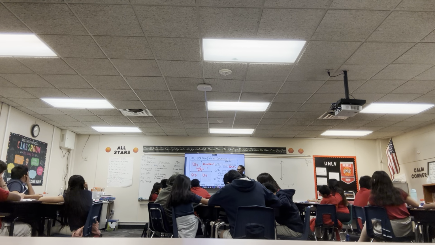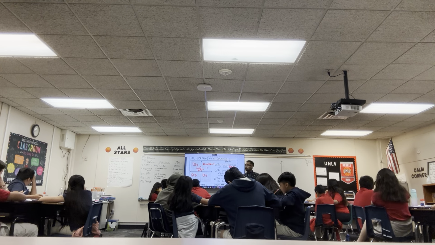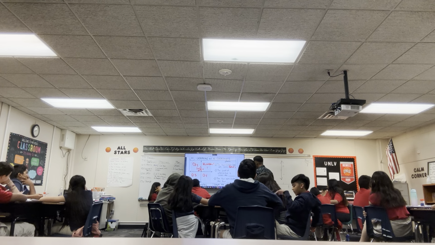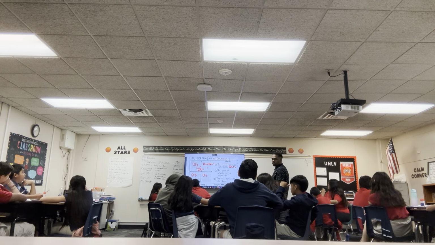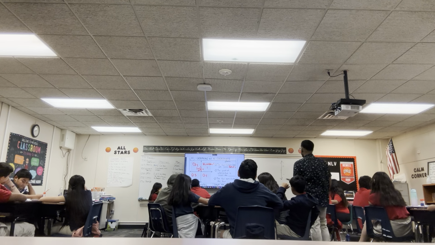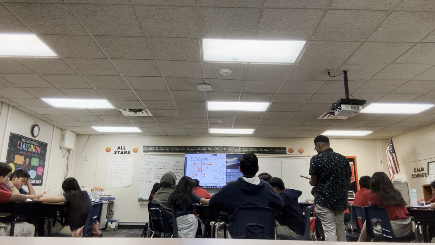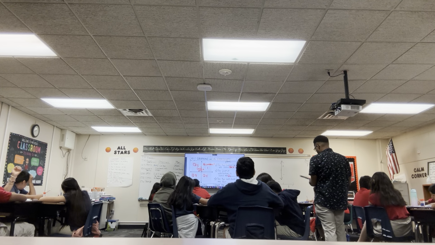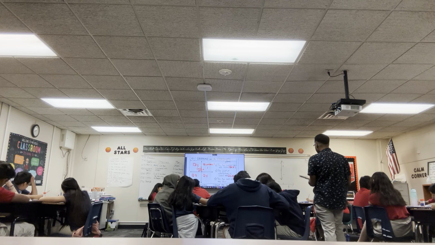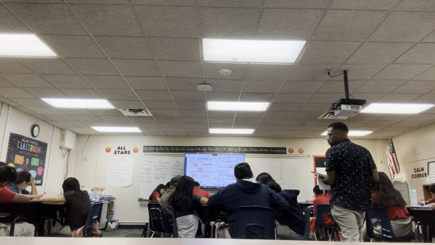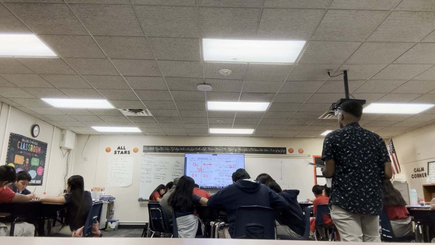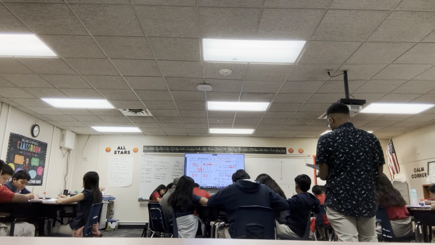So the coordinate would be (0, 0). Okay, so the point of intersection, that's what we were just talking about, is the origin. And the coordinates you write up here are (0, 0).